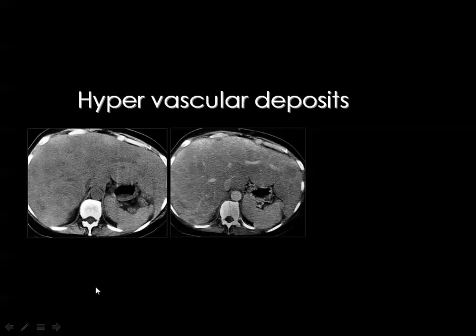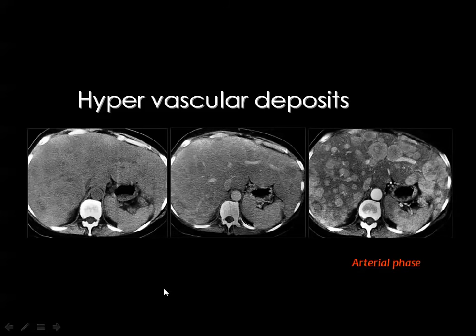Then we look at this example with liver metastasis. This is the non-contrast study, and you see only that the liver is enlarged, and you may be able to see 2 or 3 lesions. After injection of contrast in the usual way, you are able to see also a few lesions.